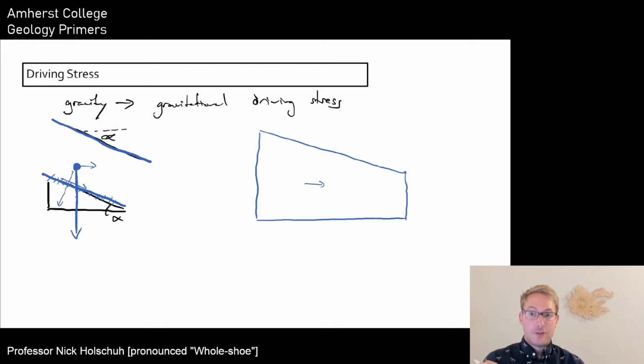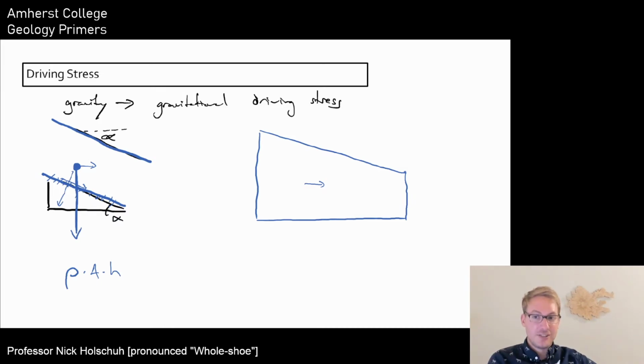To get to the force due to gravity, we have to think about the mass of the object being pulled down. The mass of that object is related to its density. If we're thinking about this as just a single column of ice with some fixed area, we might think about the mass as the density times the cross-sectional area times the ice thickness.